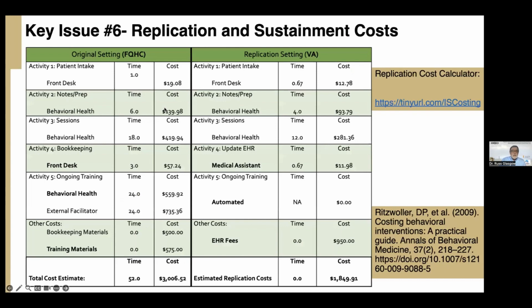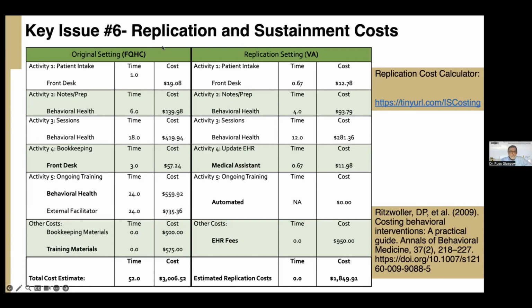The last issue I want to talk about before summing up is one that I learned from my economist colleague, Deb Ritzwaller, and I think is really important and returns to the core issue again, and that is understanding both sustainment cost if you do things differently than you have during the original project, and also replication cost, we call it.